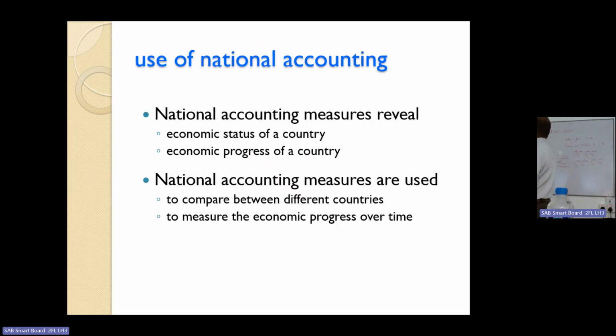Comparison purpose. And there are other uses of measuring national income: to measure improvements in the living standard, and to see what is happening to employment.